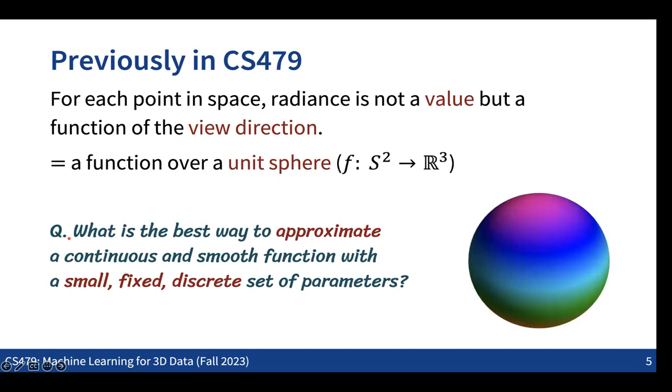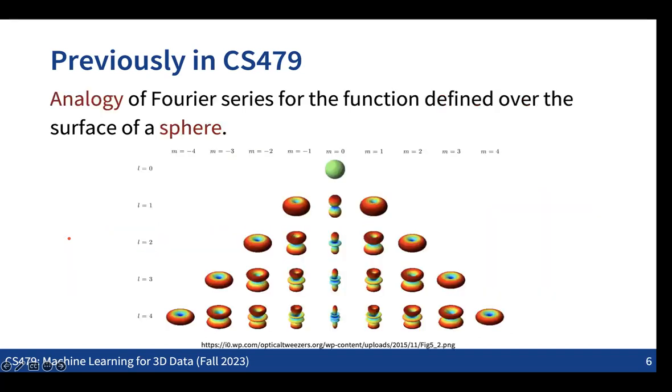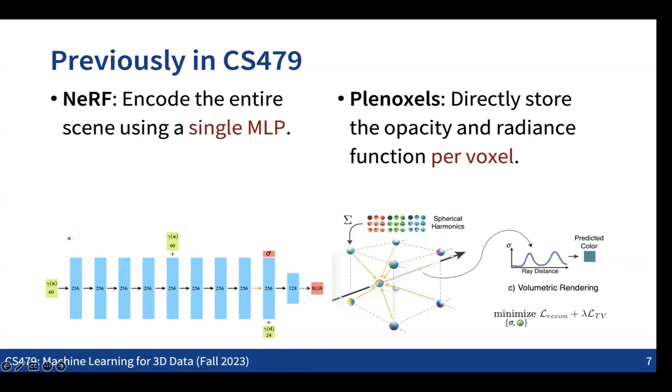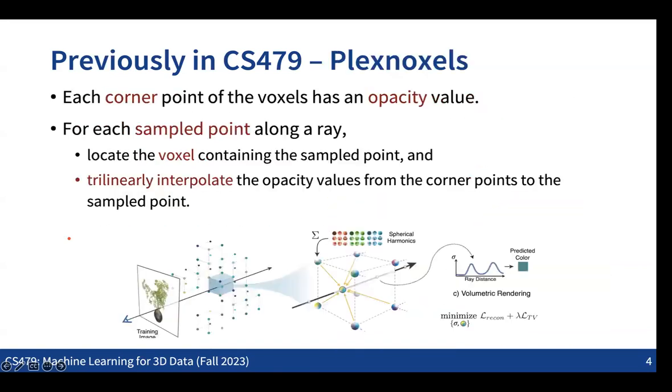The basic idea that we discussed last time was leveraging the spherical harmonics, which are basis functions. We can do a Fourier-like transformation, representing the function as a linear combination of these basis functions. So by using spherical harmonics, we can represent the radiance function with coefficients of the low-order basis functions, and we encode these coefficients at each corner point of the 3D grid.